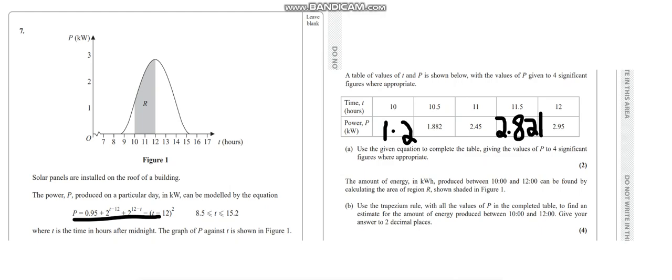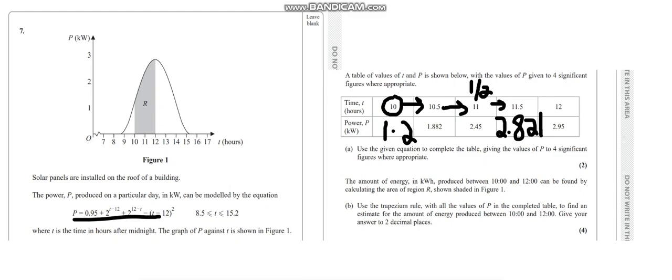If I look at T, the time in hours, the initial value is 10, and when I go from 10 to 10.5, the difference is 0.5. Again you can see in the table it is 11, and it moves on with half the difference.